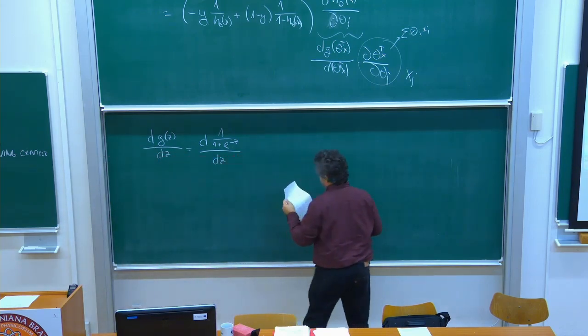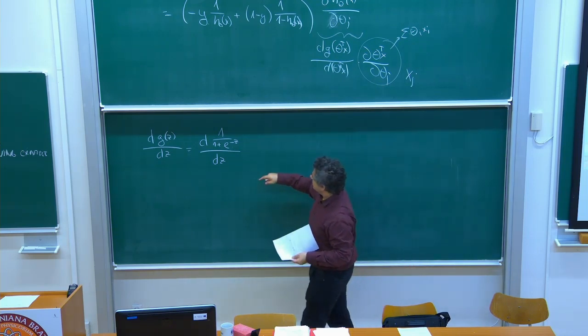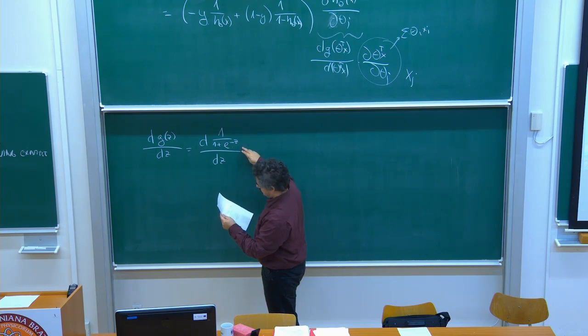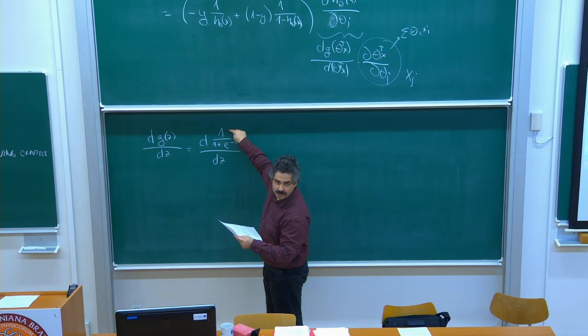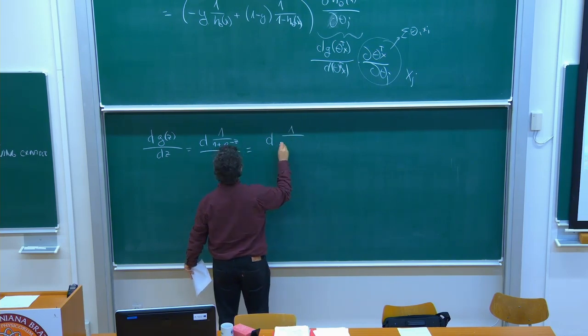And again, we will use the chain rule. The first thing that we will do is the derivative of 1 over x. Let me write it down.